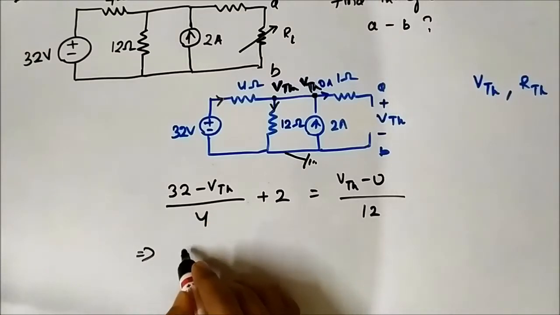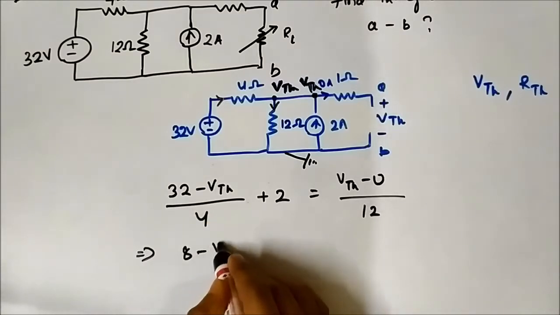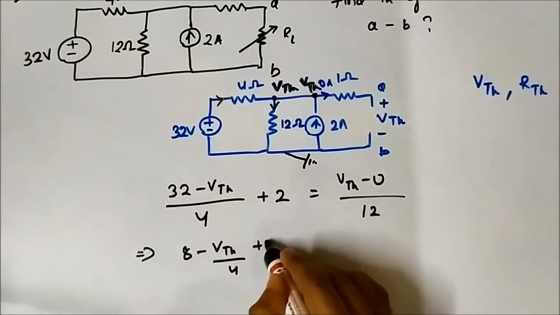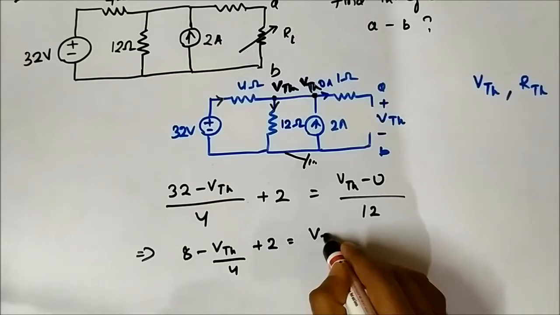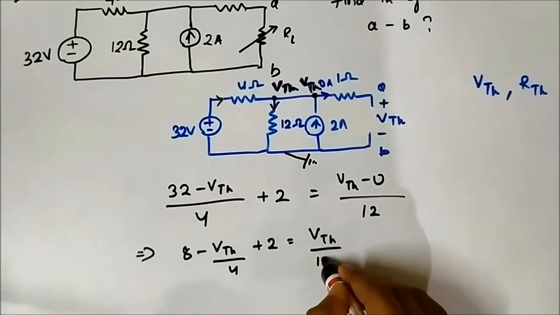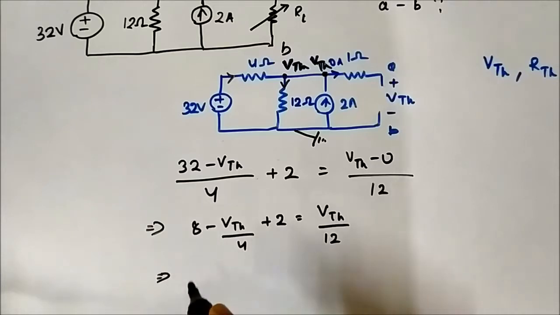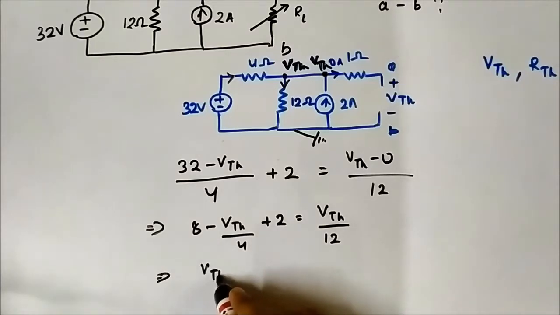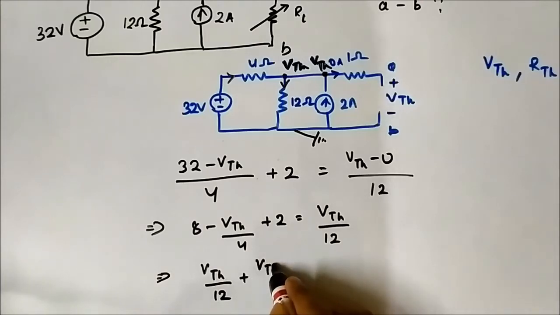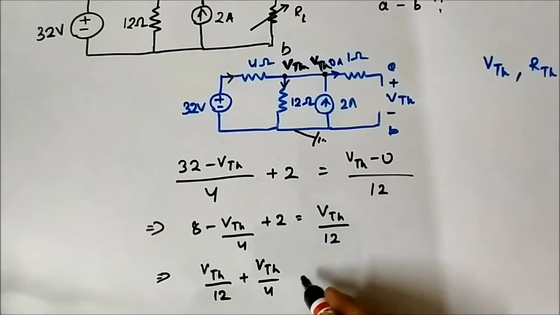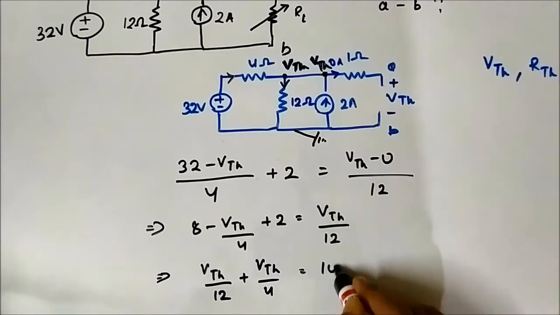So now we have to determine VTH. That implies 32 by 4, 8, minus VTH by 4 plus 2 is equal to VTH by 12, or VTH by 12 plus VTH by 4, taking this to the right side, is equal to 10.